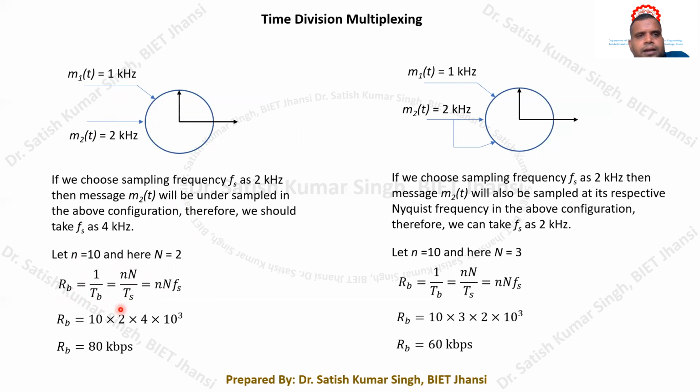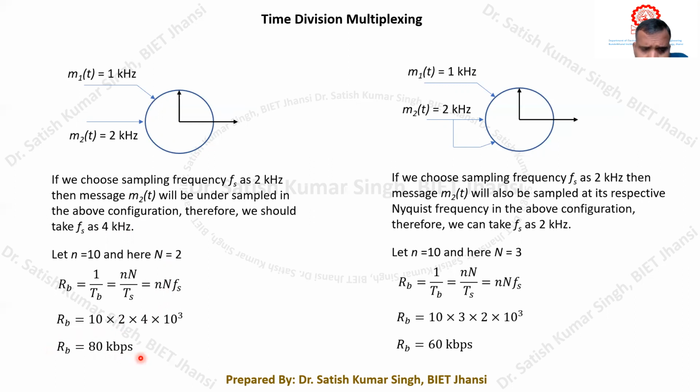Here I am not assuming that any synchronization bit is added. So this can be written as n into N multiplied by the sampling frequency fs. We have established that fs equals 4 kilohertz. If you substitute all these numbers, you will get the bit rate equal to 80 kbps, kilobits per second.